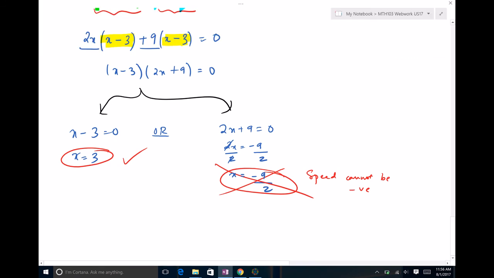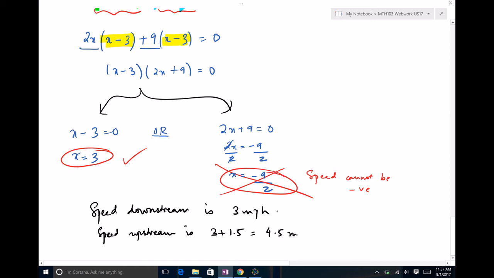So we can write down that the speed of the boat downstream is 3 miles per hour and the speed of the boat upstream is 3 plus 1.5, since it was 1.5 miles per hour faster, which is 4.5 miles per hour. And that's the answer.